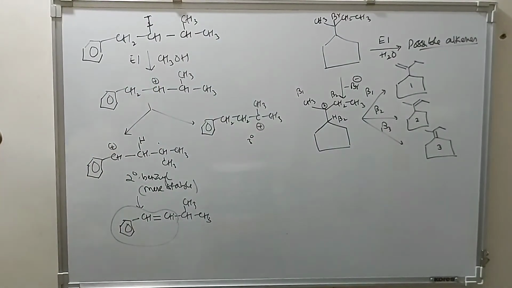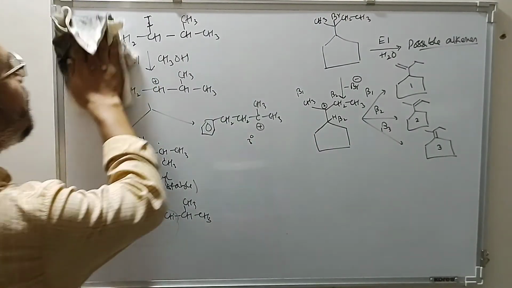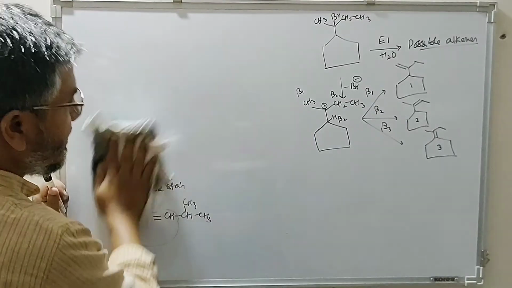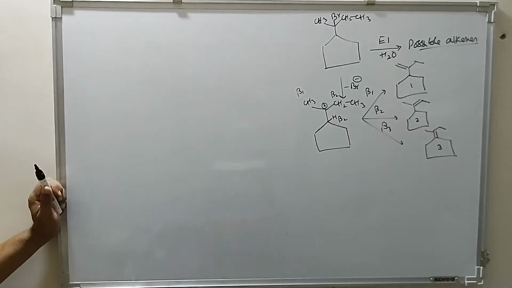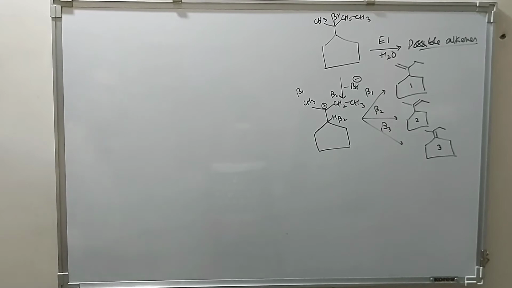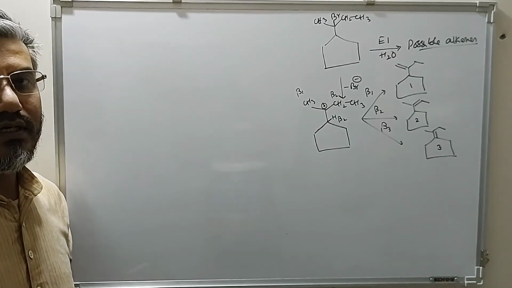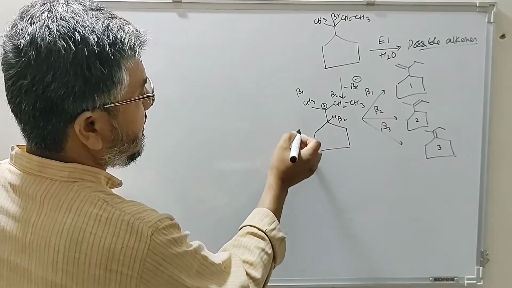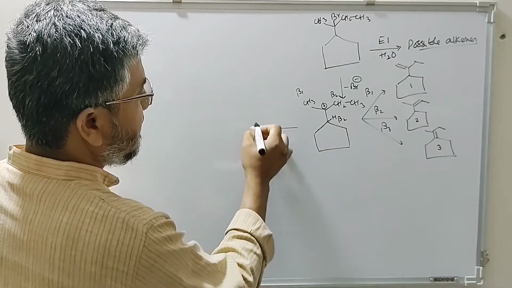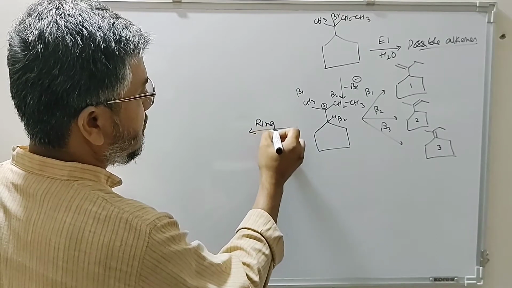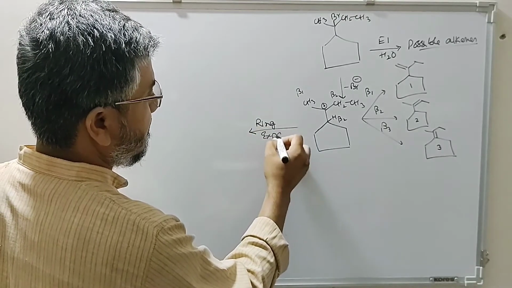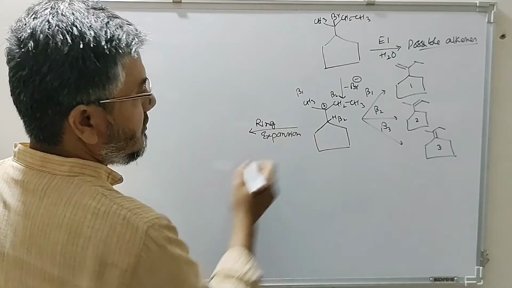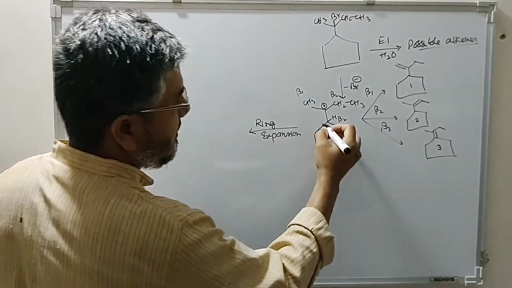Now this carbocation may undergo rearrangement via ring expansion, because we know the 6-member ring is the most stable ring, followed by the 5-member ring. So this 5-member ring will undergo ring expansion. In this ring expansion, look at this.